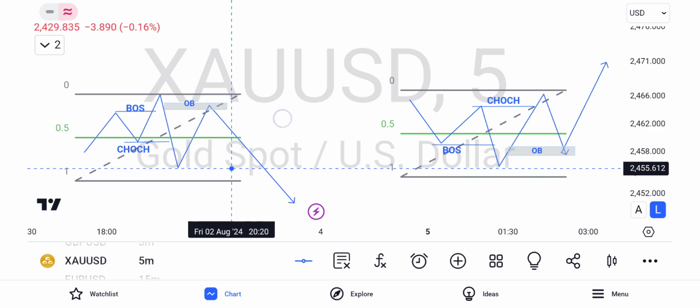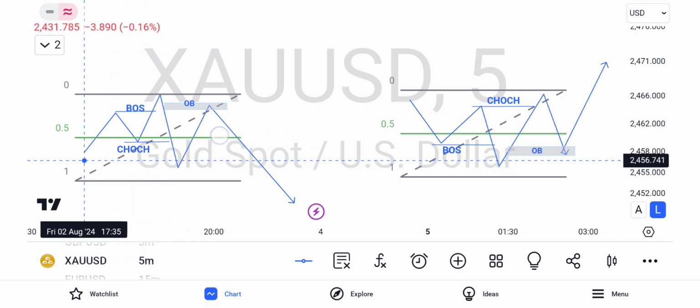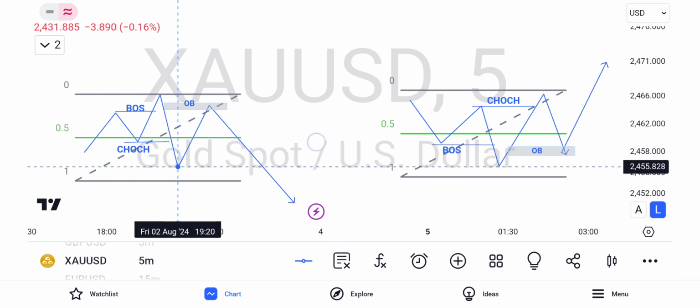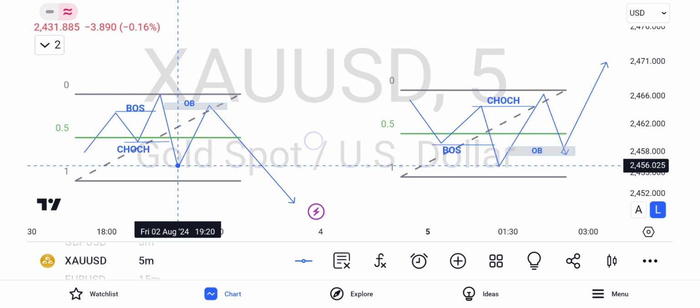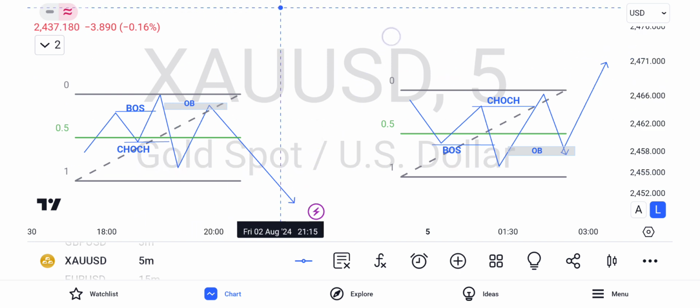However, if there is an order block here that enabled this movement upward, just know that price will trade and go beyond.